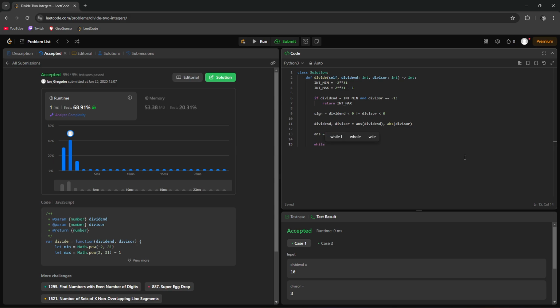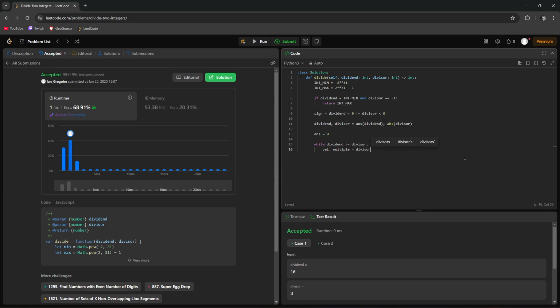Let's see. Well, the dividend is bigger than the divisor. We probably should have done this in JavaScript. Well, our val and our multiple.